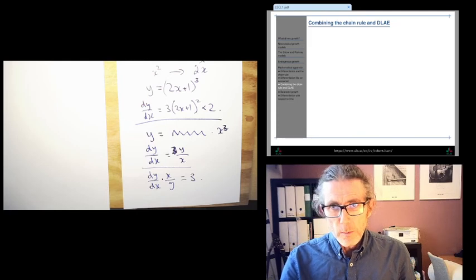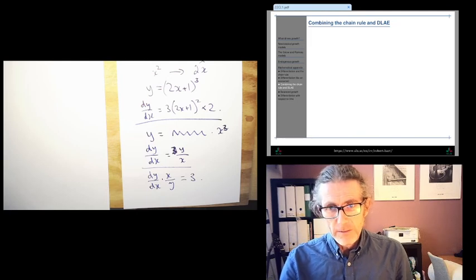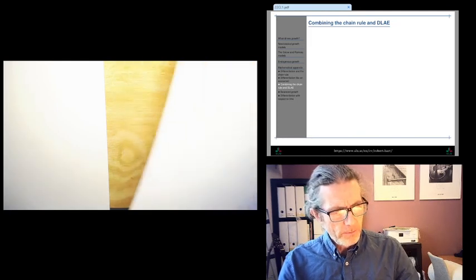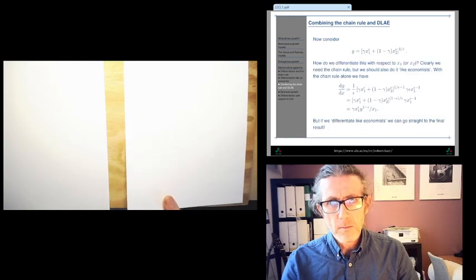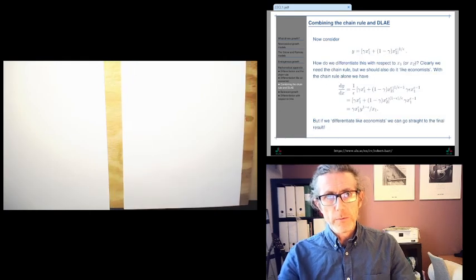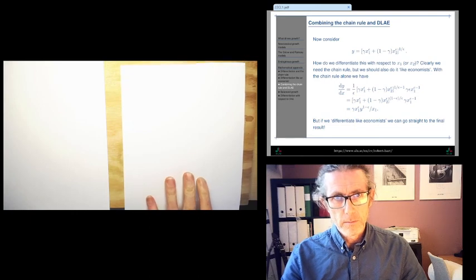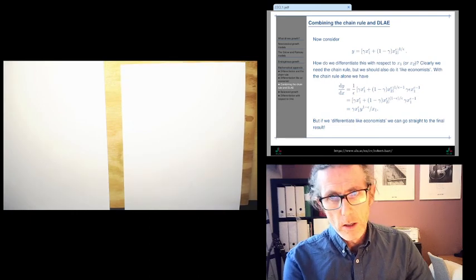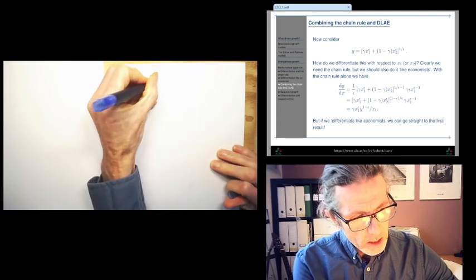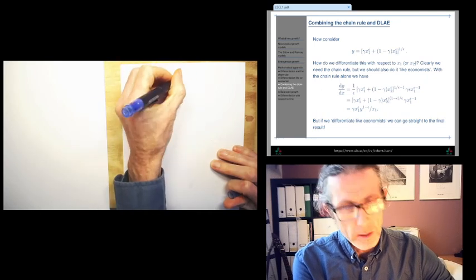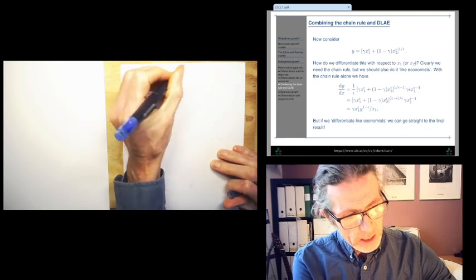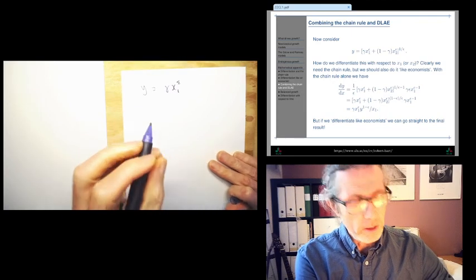Okay, what about combining the chain rule and differentiating like an economist? So, what if we've got y equals gamma x1 to the epsilon. That is epsilon, right?